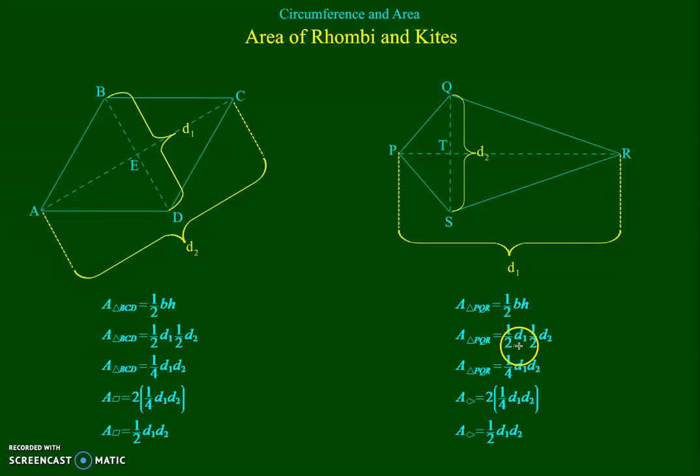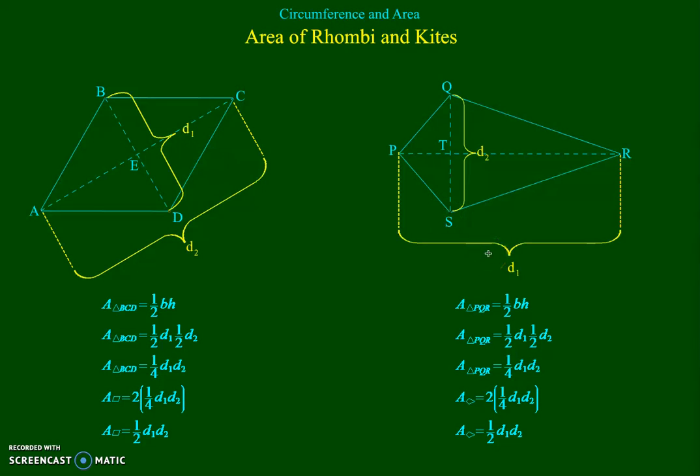Now we take our 1/2s, multiply them together, just like we did over here, 1/4 D1 D2. That is the area of the upper triangle. We multiply that by 2, and this comes out to 1/2 D1 D2. So, as unlikely as it is, it turns out that the area of a kite is exactly the same as the area of a rhombus. The same formula, I should say. It's 1/2 diagonal 1 times diagonal 2.